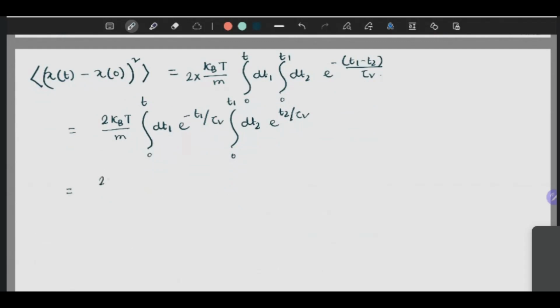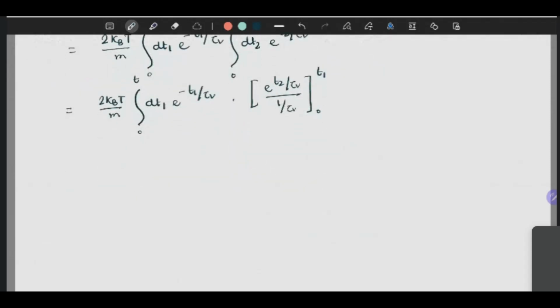So this becomes 2 k_B T by m integral 0 to t dt1 e to the power minus t1 by tau_v into e to the power t2 by tau_v divided by 1 by tau_v, limit 0 to t1.